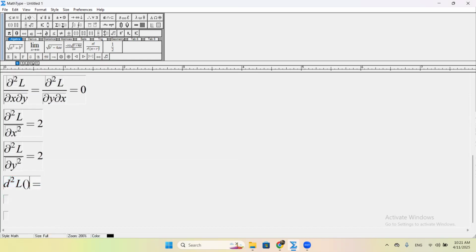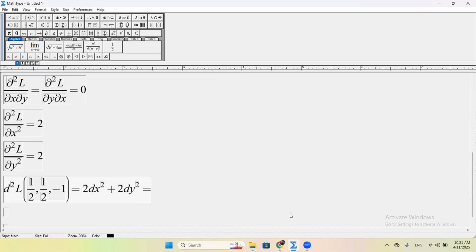Okay, let's write like this. At the point with lambda equal to minus 1, it will be equal to dx square plus dy square plus 2dy square.